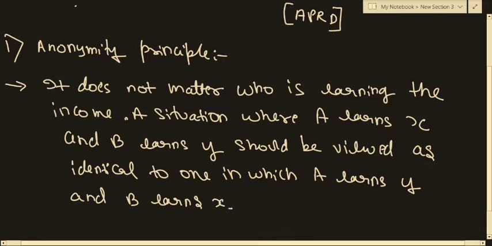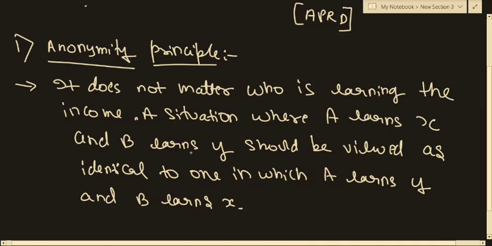The first one says the measure should be anonymous. It should follow the anonymity principle. We just need the income distribution. A earns X and B earns Y, it does not matter. It can be A earns Y and B earns X also.